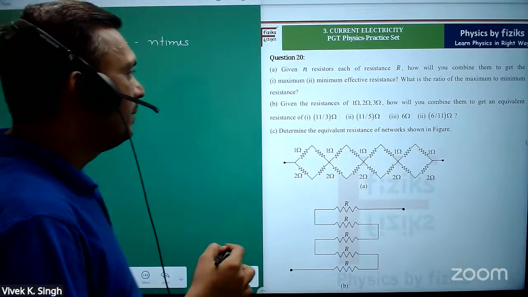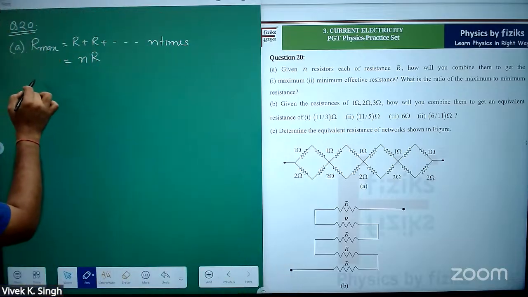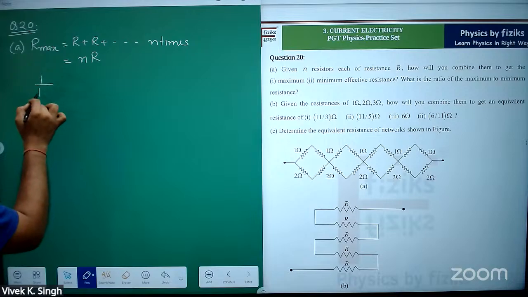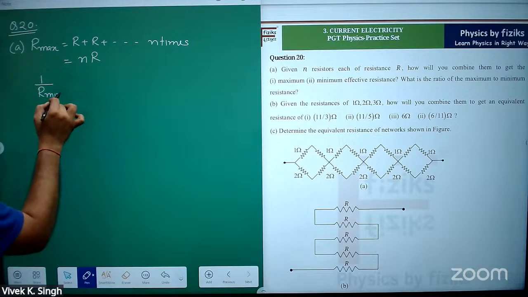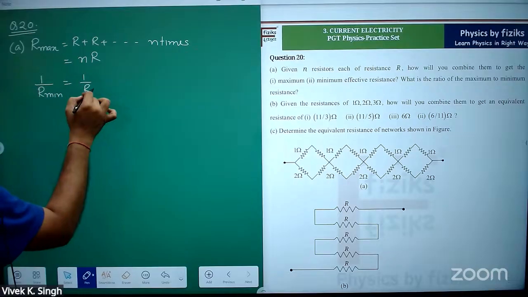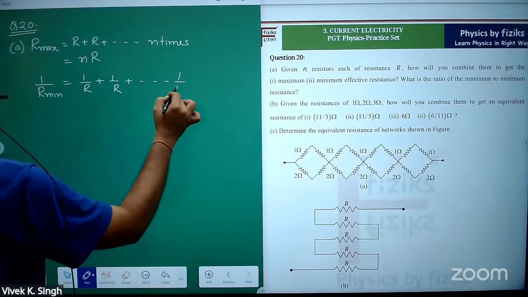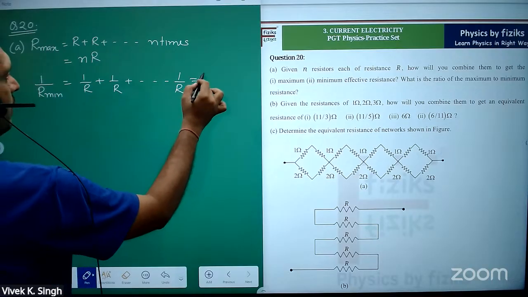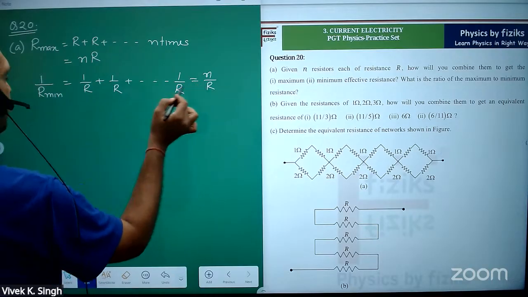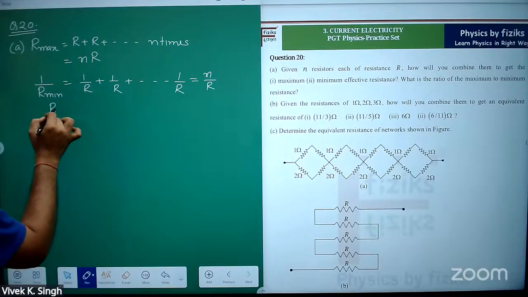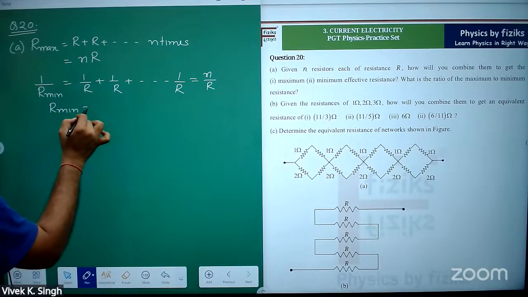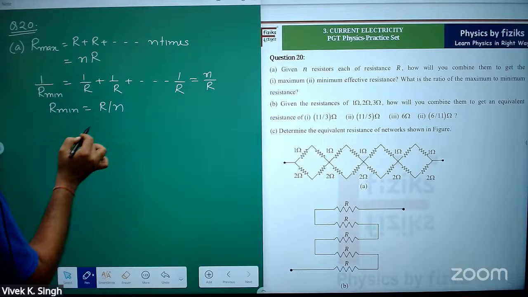And what will be the minimum value? So 1 by R minimum will be 1 by R plus 1 by R, n times. So this will be n by R. So what will be R minimum? This is R by n.